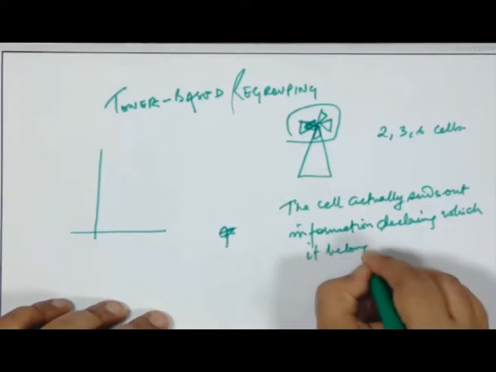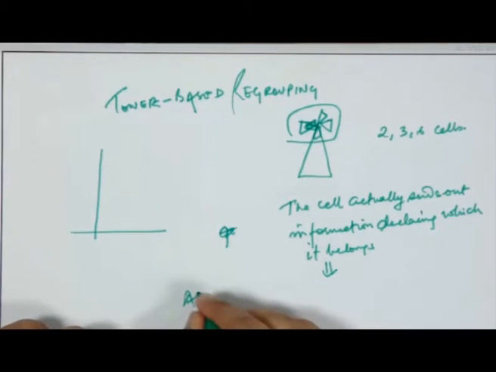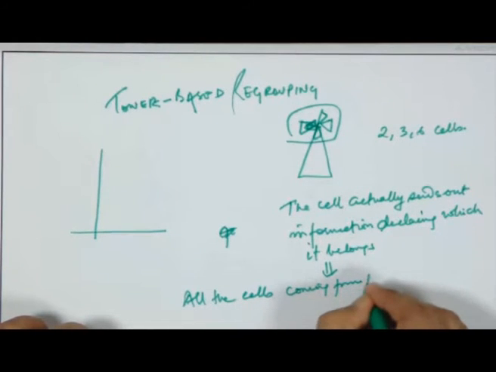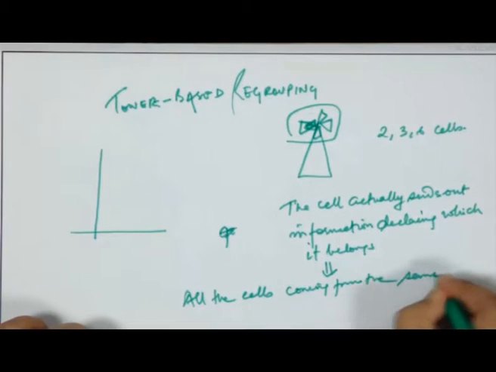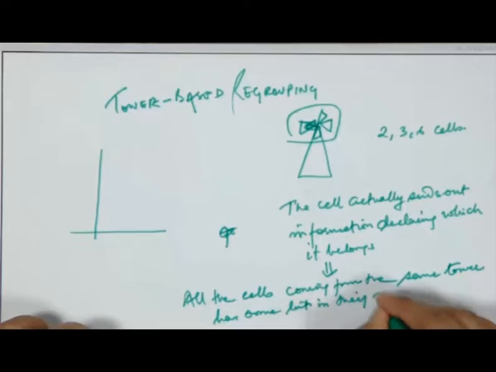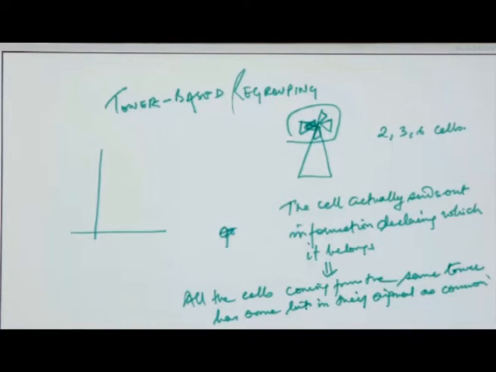That basically means all the cells coming from the same tower have some bits in their signal as common.